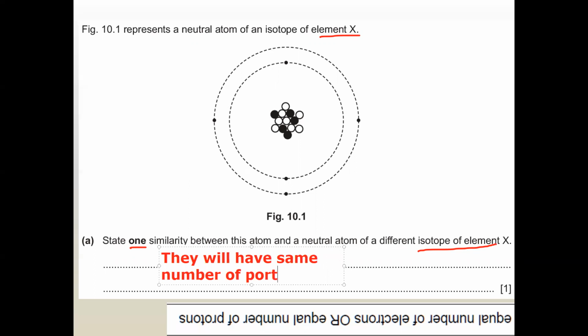We have to write only one similarity, so we can mention protons or electrons, any one of them. That's common for all the isotopes: they will have the same number of protons and electrons, but a different number of neutrons.